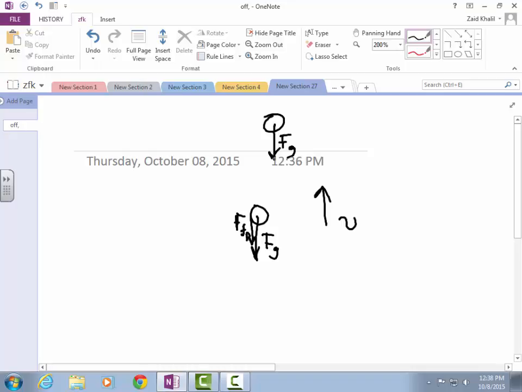So there's no force of air resistance. When it's on its way down, what are the forces on it? Gravity, acting down. What else? Air resistance, which is acting up.